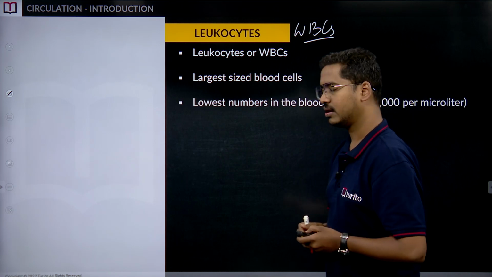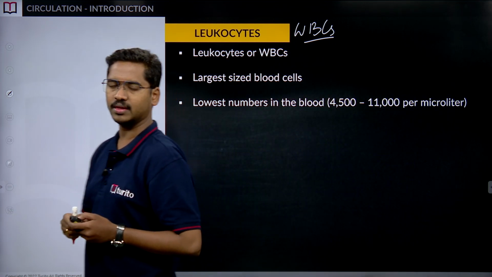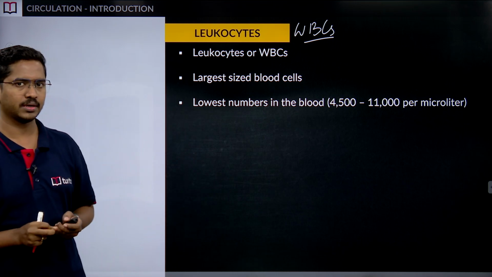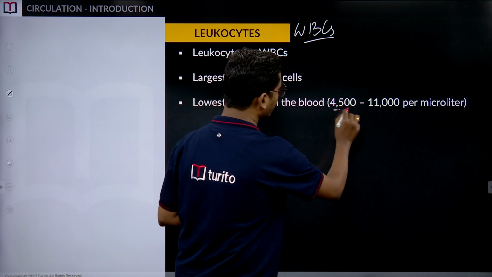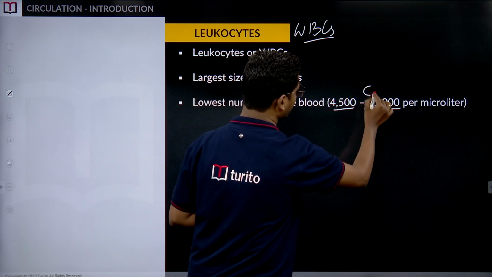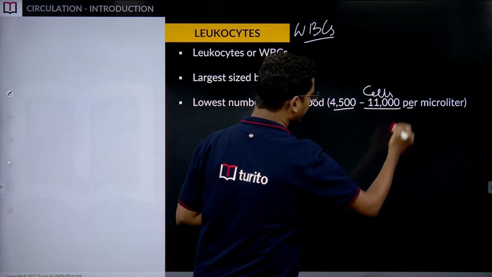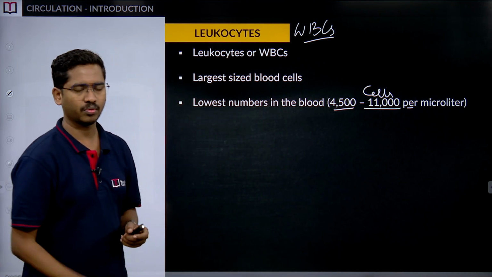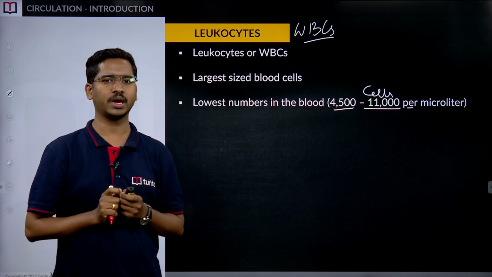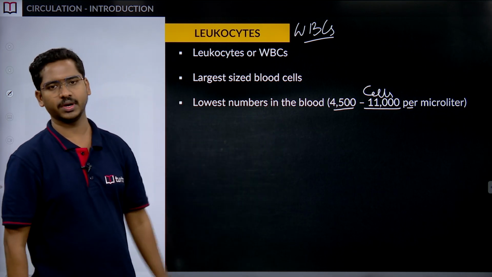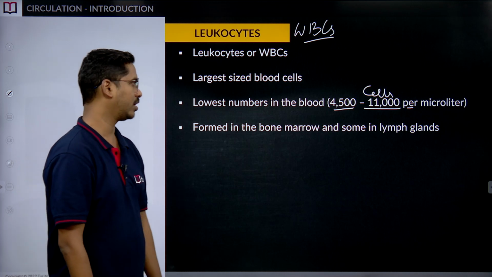And at the same time, they are the lowest in number. The count you see, we will get to see 4,500 to 11,000 cells per microliter of volume. So, 1 microliter of blood will contain 4,500 to 11,000 cells, that is WBCs.